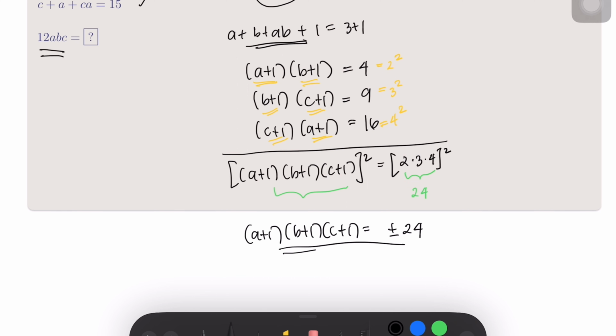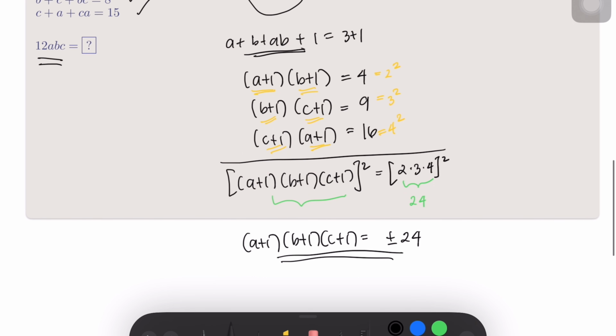So this is an important relationship because if you notice, for each of the equations here, they're only missing one factor. That is, in the case of the first one, that's c plus 1.